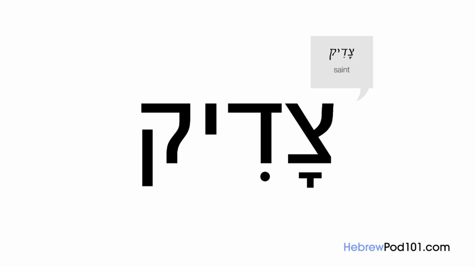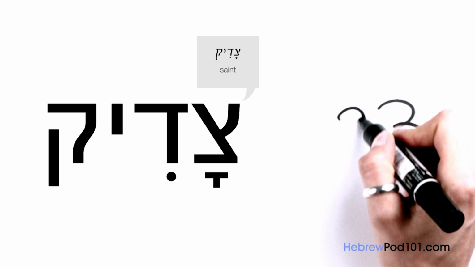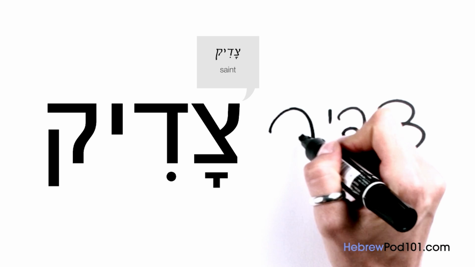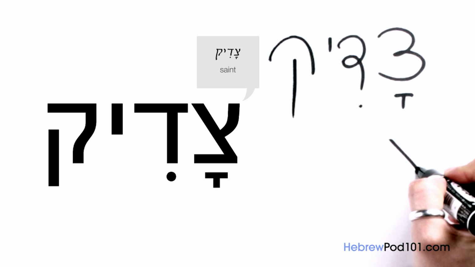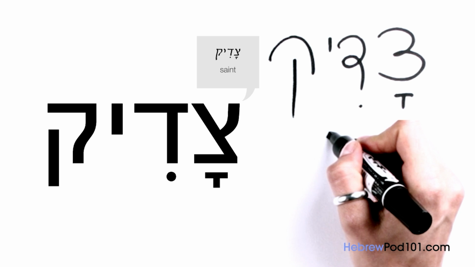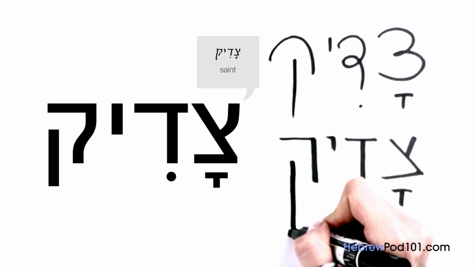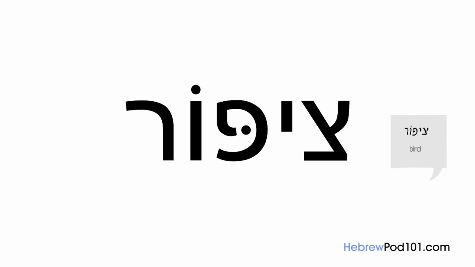It is written like this. And in print, now you can remember the letter easier. Tzipor is a bird.